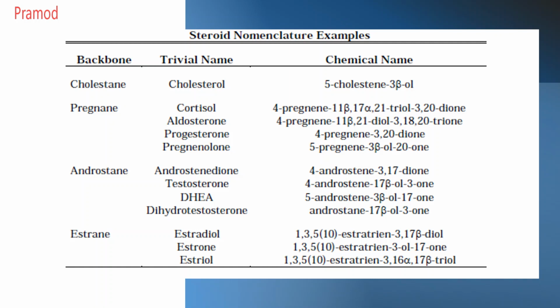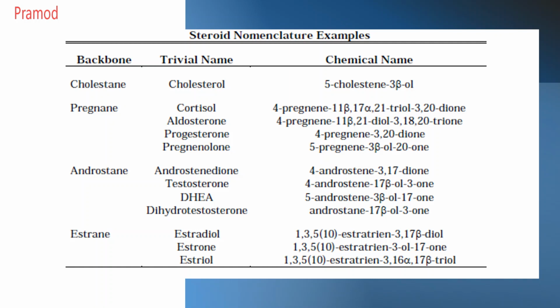In the case of the pregnane backbone, the examples with trivial names are cortisol, aldosterone, progesterone and pregnenolone. Cortisol is 4-pregnene, that is a double bond at the 4th position. There is a triol at 11 beta, 17 alpha and 21, and a dione, carbonyl groups at the 3rd and the 20th carbon. That is your cortisol.